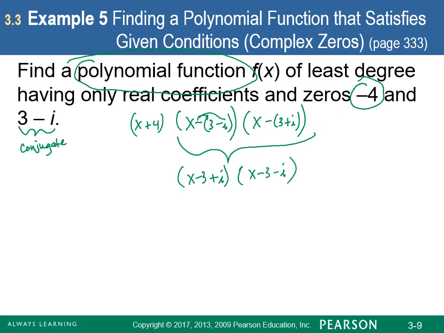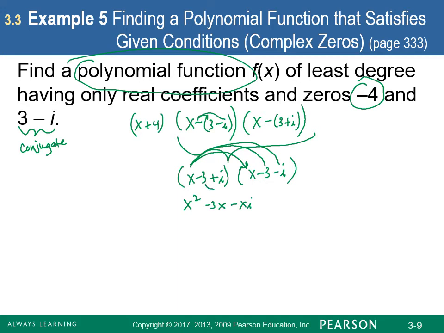Now when we multiply those out, we would multiply these x's together. They would multiply the negative 3 and the x, and the x and the negative i.